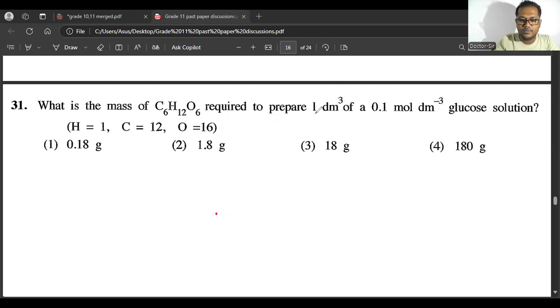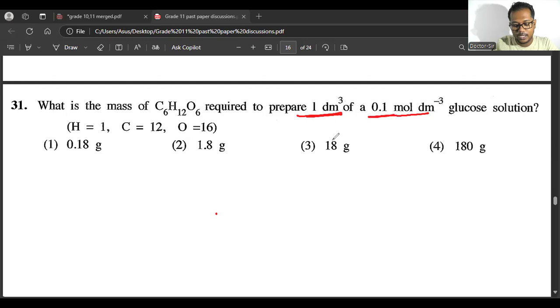First, they give the preparation of one cubic decimeter of solution of C6H12O6, that means glucose, with concentration 0.1 mole per decimeter cubed. Okay, right.